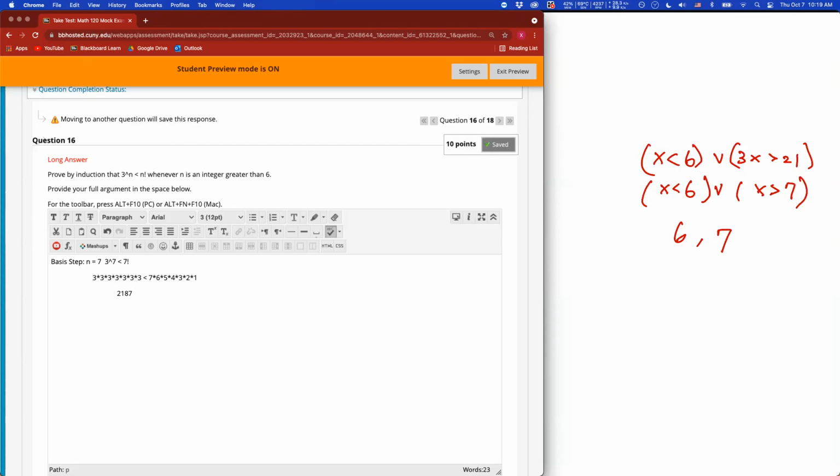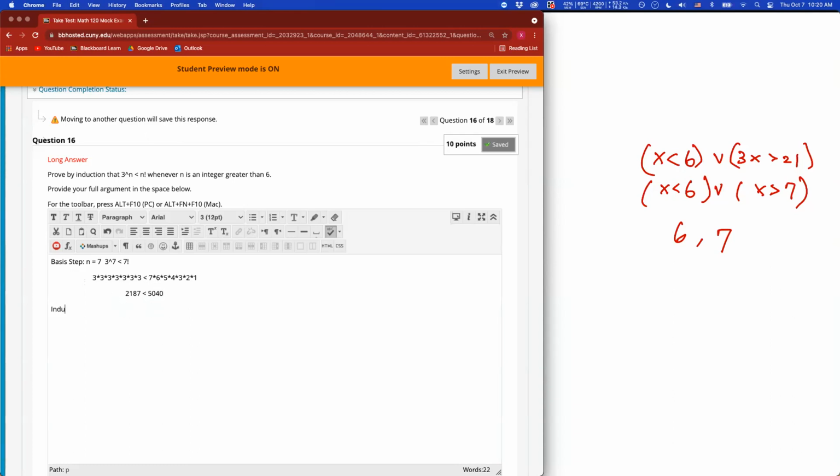Now what about 7 factorial? Okay, so you have 5040. So you know this is true.